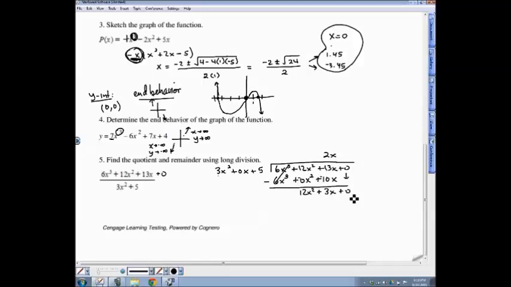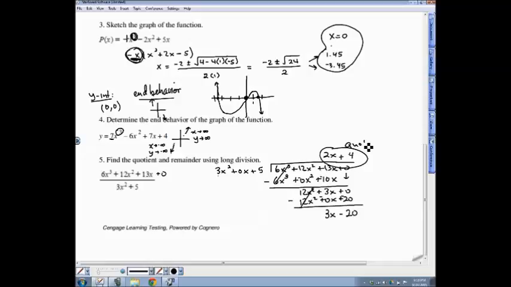And we drop down the next term, start again. 3x squared into 12x squared is 4 times. 4 times 3x squared is 12x squared. 4 times 0x is 0x, and 4 times 5 is 20. Draw the line, change all the signs. First terms cancel. 3x plus negative 0x is 3x. 0 minus 20 is negative 20.